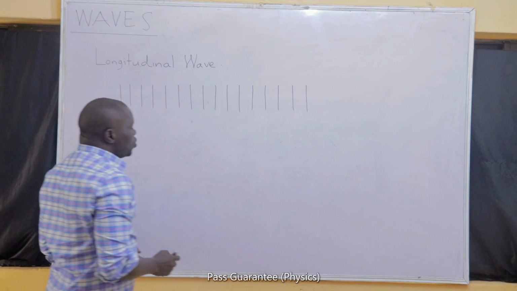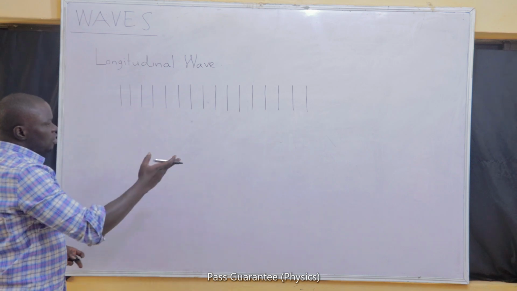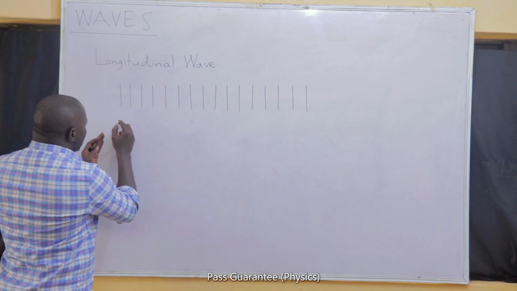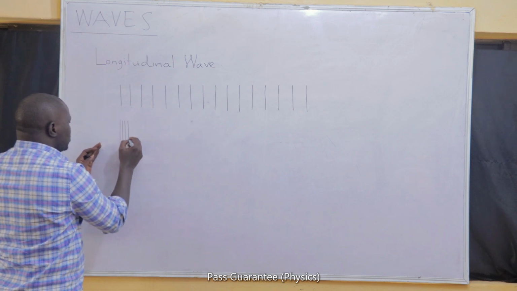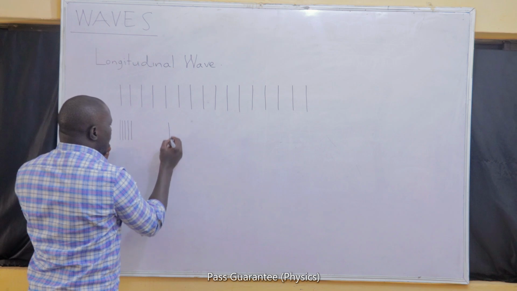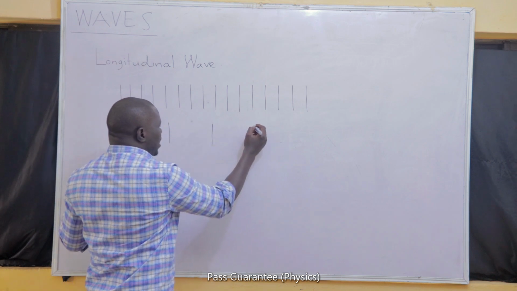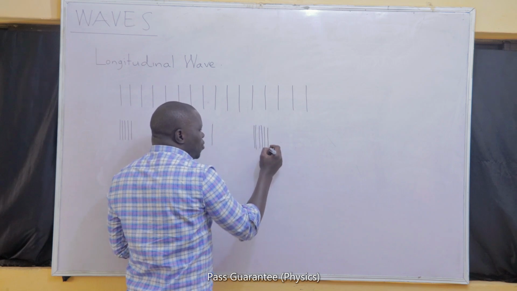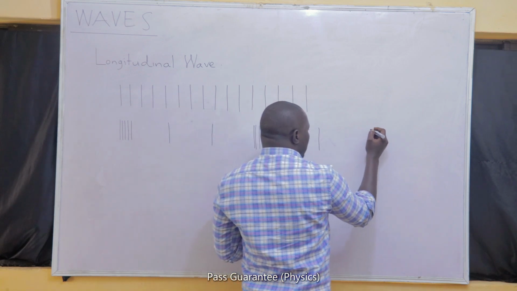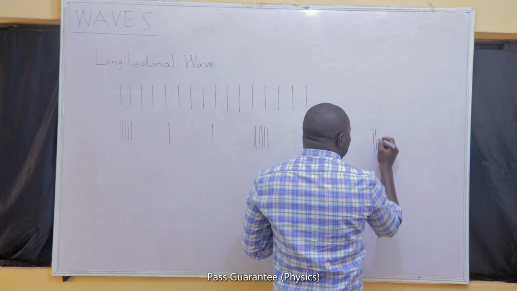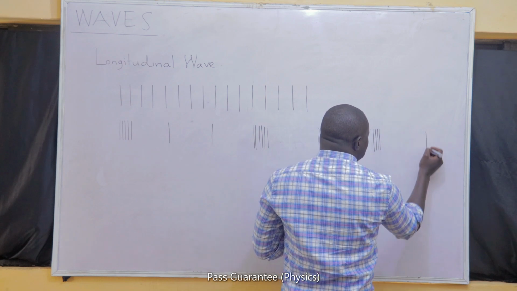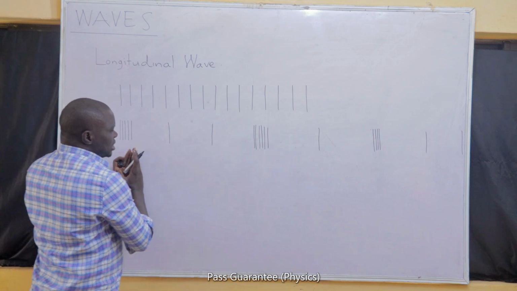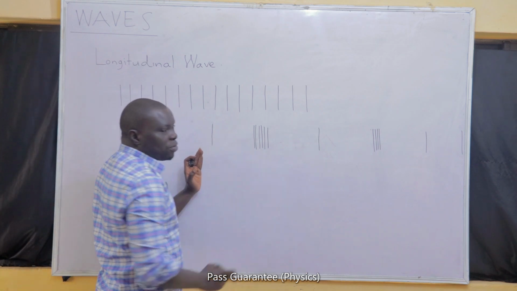By the time you set up the wave across these particles, some of those particles will immediately cluster together, while others will space out further than they were. Then some others will cluster together, while others will space out. So generally, this is how we believe that longitudinal waves are propagated.